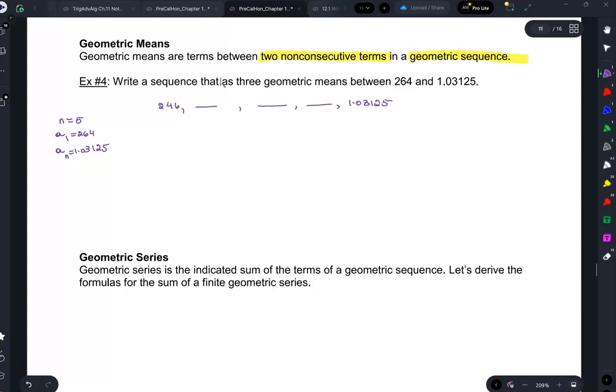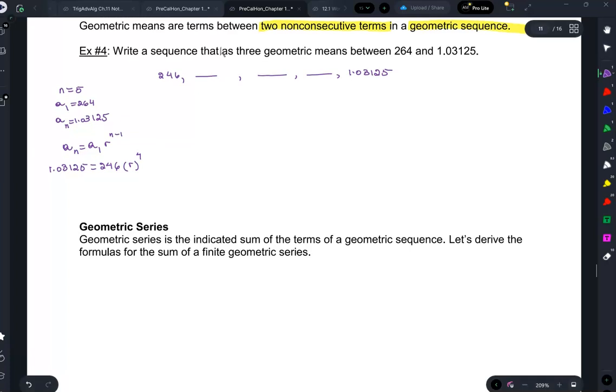Okay, so what's our formula? Our formula is AN is equal to A1 R to the n minus 1. What we need to find here is R. That's what we don't have. So AN, the last term, is equal to the first term times R to the power of n minus 1. N we said was 5, minus 1 is 4.